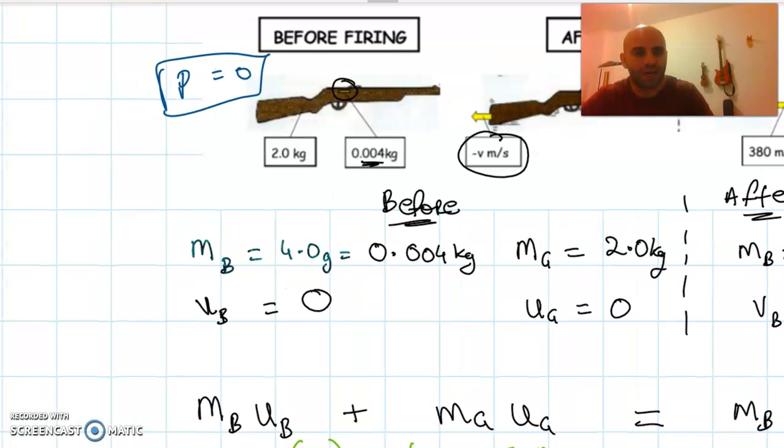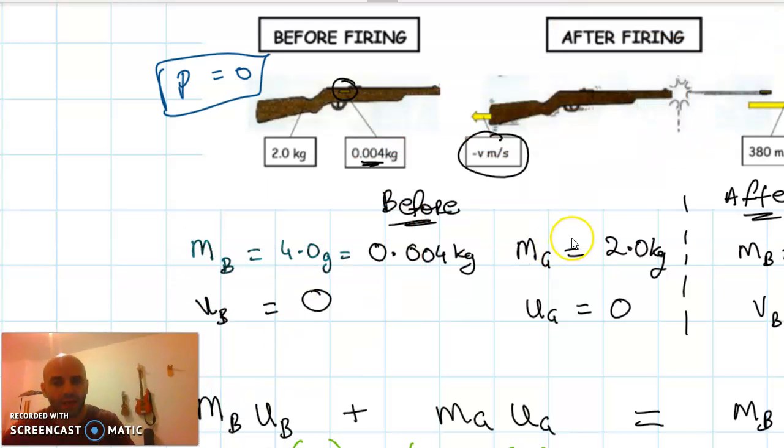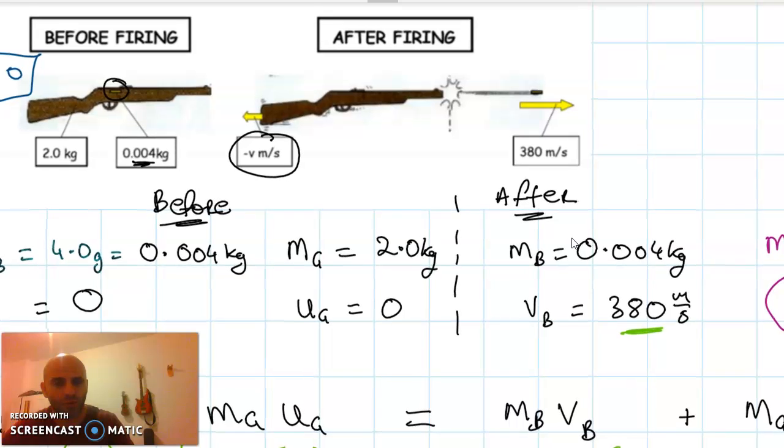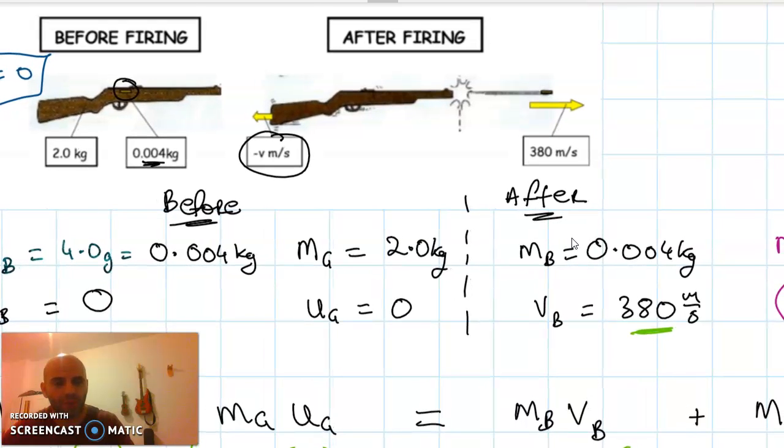Which means that after the explosion, I need to have 0 momentum as well. Now you can see that the bullet is not going to have a 0 momentum by itself. That's going to be going this way. So this won't be the momentum of the system after the explosion.